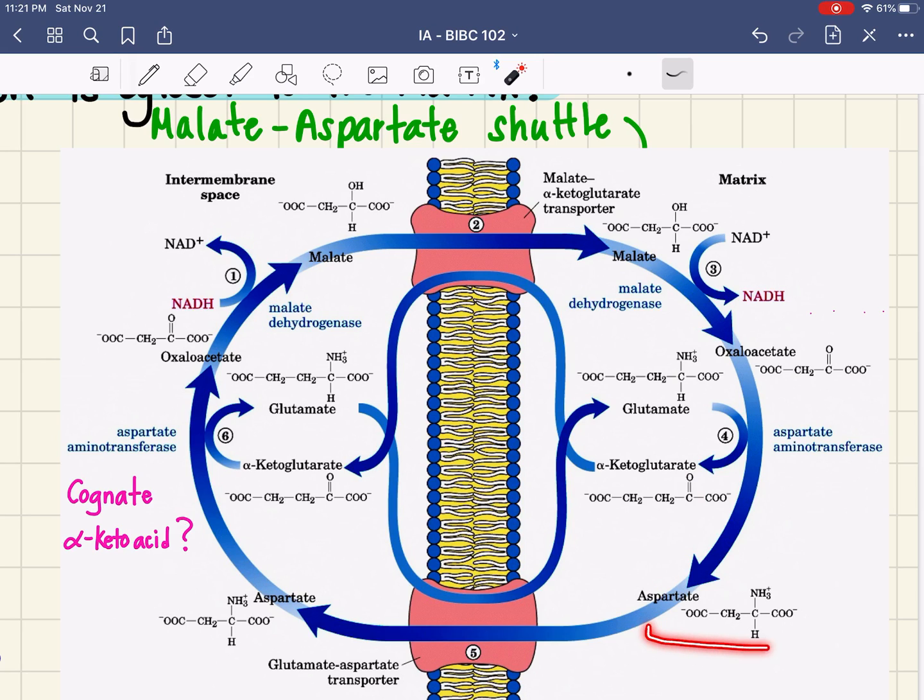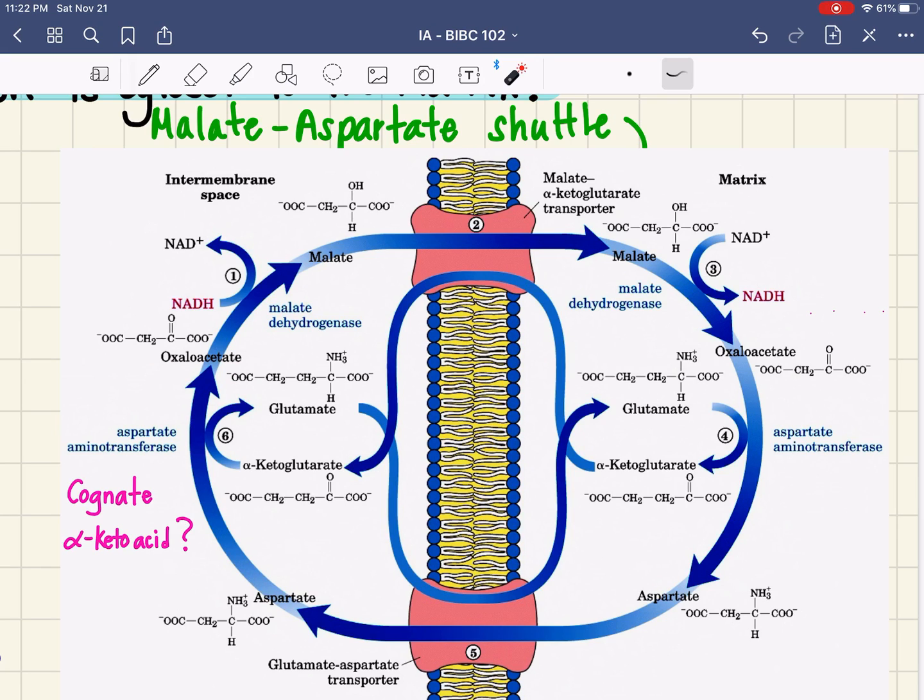Now that we have aspartate, it crosses the inner membrane back into the intermembrane space. Now it's here, aspartate. Then aspartate goes through another transamination. In this case, it gives its NH3 group to alpha-ketoglutarate, which turns into glutamate. And because aspartate gave away its NH3, it turns back into oxaloacetate. Okay?